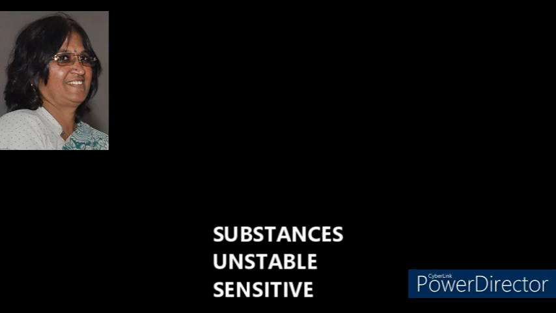Now, in the process of combustion, all these reactions are combustion only. Combustion is where the substance reacts with the oxygen present in the air, and that leads to these reactions, and that is called combustion. More or less these are all combustions, but there are some substances which are by nature a little sensitive and unstable, and they have a lot of these elements in them: nitrogen, hydrogen, carbon.